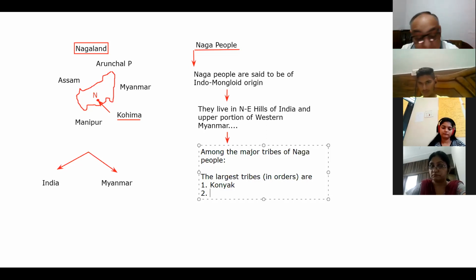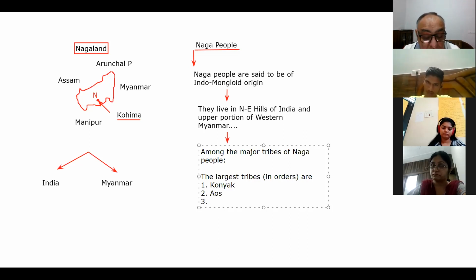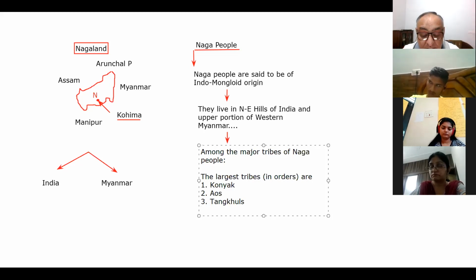Konyak is the largest tribe. Second is the Aos, the second largest tribe. Third is Tangkhul, and fourth is Semas, the next largest tribe.